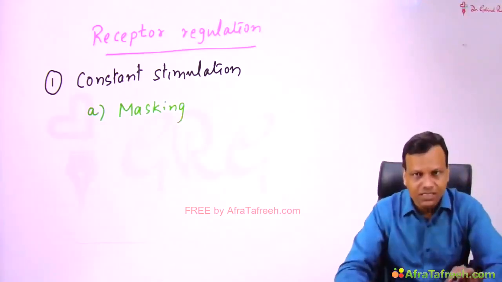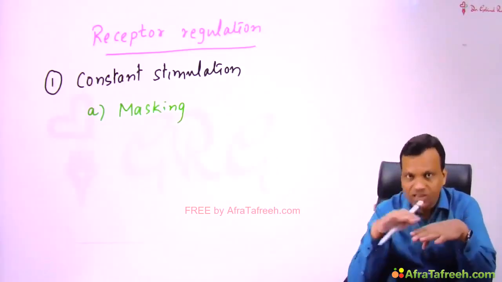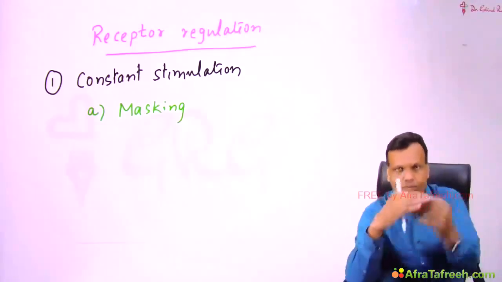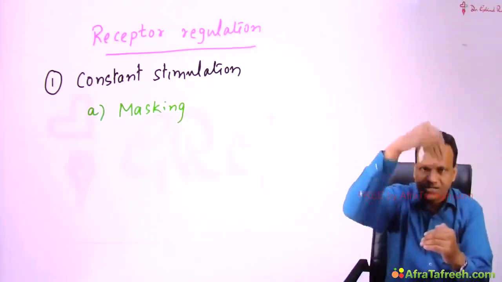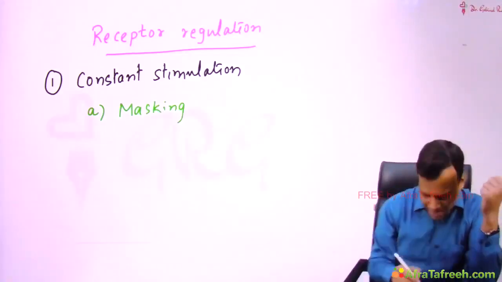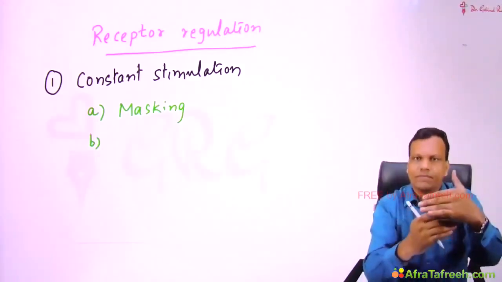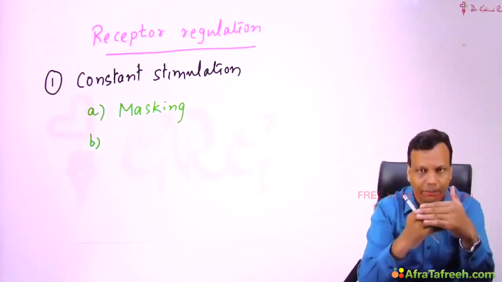Masking simply means the receptors which are present on the surface of the membrane will go down below the membrane. So they are not present for the agonist to work. Masking can occur immediately because the receptors are present, they go down. Quickly it can happen.